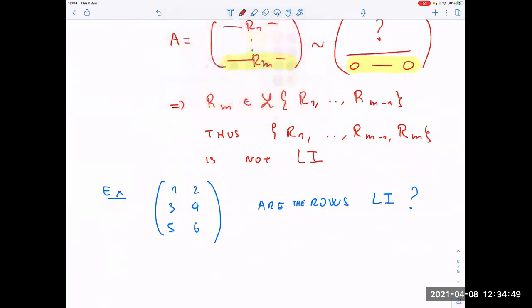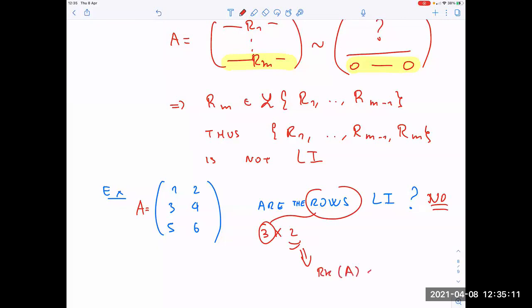Yes, the answer is no. And why is that the case? Because the matrix is 3 times 2. So there are 3 rows. But since I have these 2 columns, this means that the rank of A, whatever it is, is always less or equal than 2.